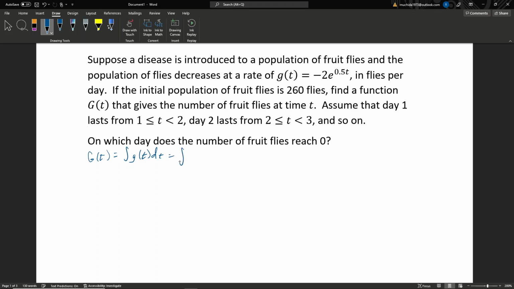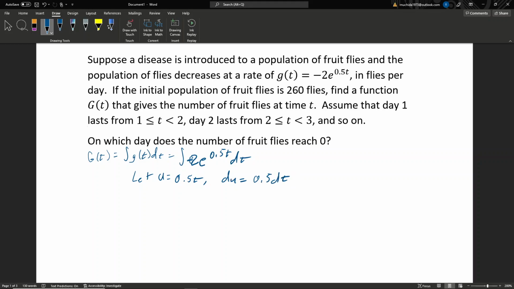So in this case, that would be the integral of negative 2 e to the 0.5 t dt. And to find the integral of this, we do a basic substitution. Let u equal 0.5 t, then du equals 0.5 dt.